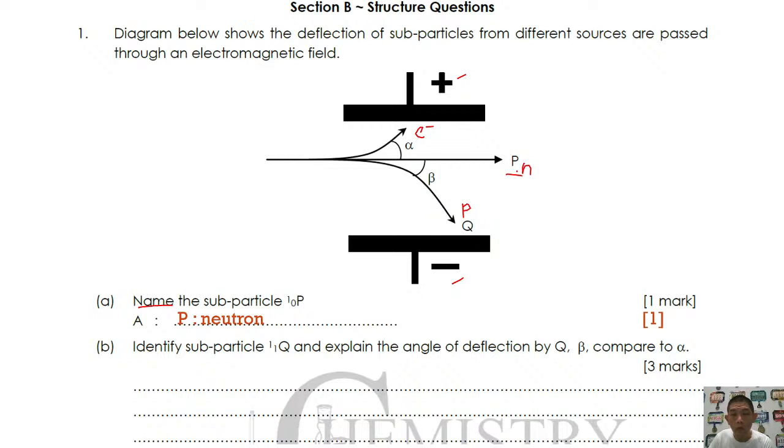So in this case, how are you going to compare the angle of deflection between beta and alpha? You can imagine it as something like this. Let's say you are here, this is you, for example. You are trying to throw a piece of paper and a stone.